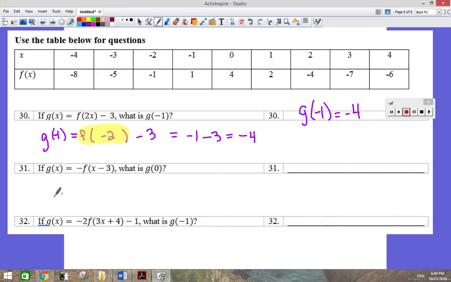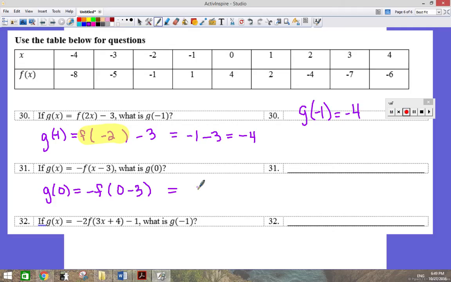Same idea. We don't have a table for g, but we have a relationship between this function g and this function f that we do have a table for. It wants me to evaluate this g this time at 0. Everywhere I see an x, I replace it with 0. So inside the parentheses here, this is not a transformation, this is just substitution.